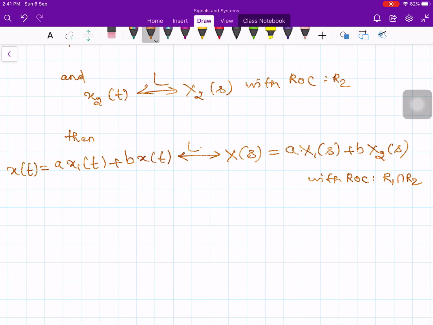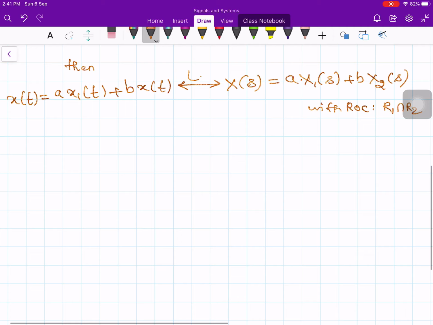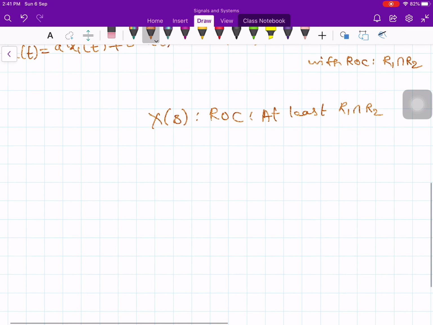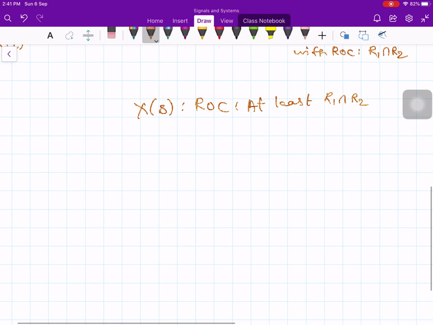Now therefore X of s has region of convergence at least the intersection of R1 and R2. Sometimes this intersection could be empty.